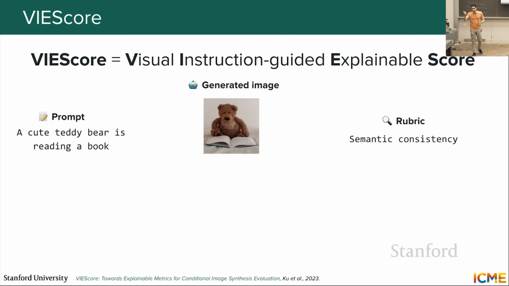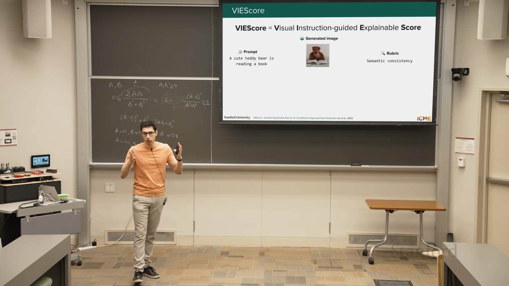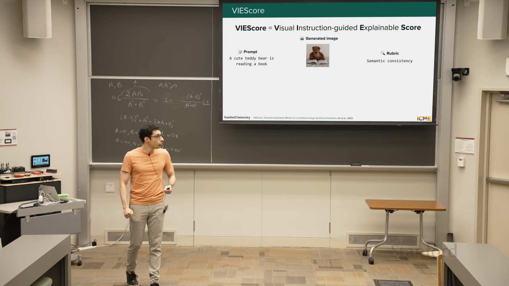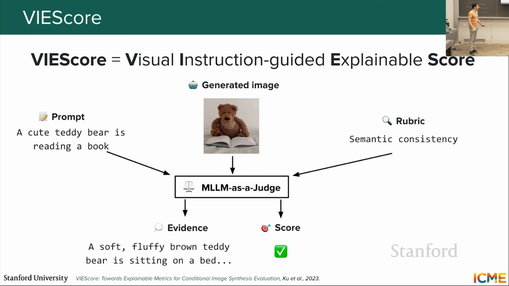So one is semantic consistency, and the other one is perceptual quality. And this effort formalizes how we could write rubrics and grades for both of them. So you would have such a rubric, and then ask an MLLM about it. And then since this task is about judging, you call such a model MLLM-as-a-Judge.